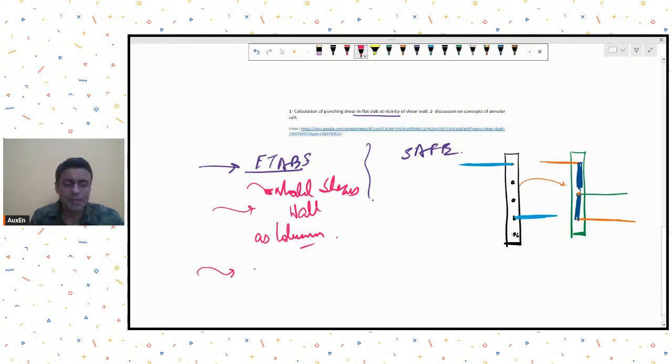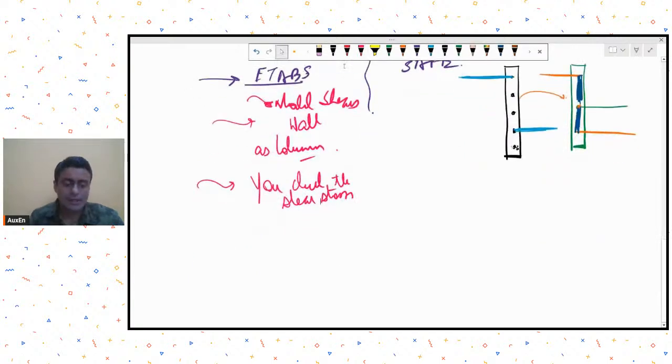The other way can be that you check the shear stresses yourselves, and SAFE gives you the shear stresses. What is the name? S22? Does someone recall what is the nomenclature used for shear stresses?